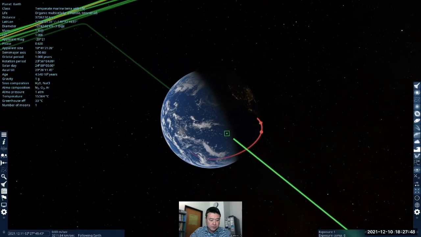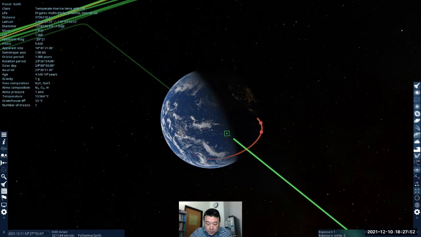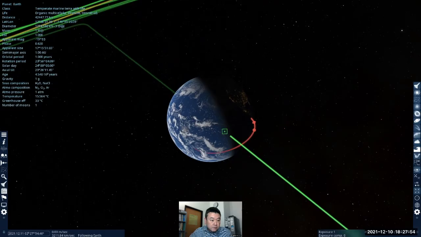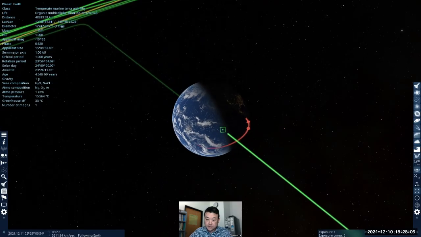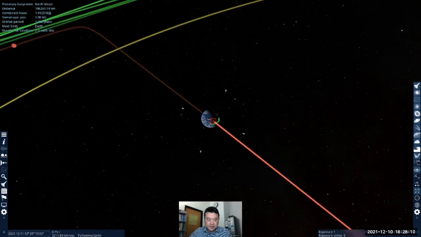Let me zoom out or move away from the Earth so that I can show some of these better. Right now I have Earth selected, and Earth is going in two different kinds of orbit. There's a larger orbit of Earth around the Sun, represented by this line here.